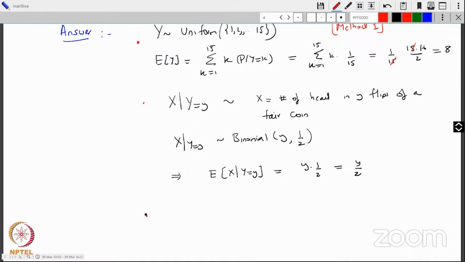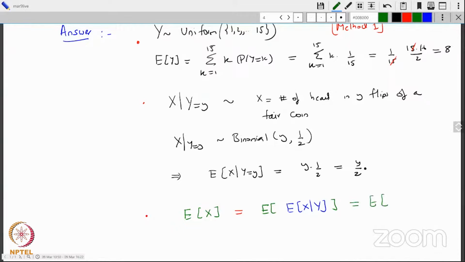The next step you observe is that the relationship you have to use is that E of X is the same as E of, and I can think of the inside one as averaging X conditionally on Y, and then averaging that over all possible values of Y. So if you understand that E of X is E of E of X given Y, this immediately implies this is just E of, what is E of X given Y?